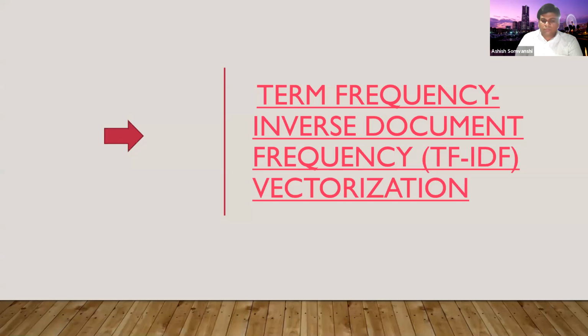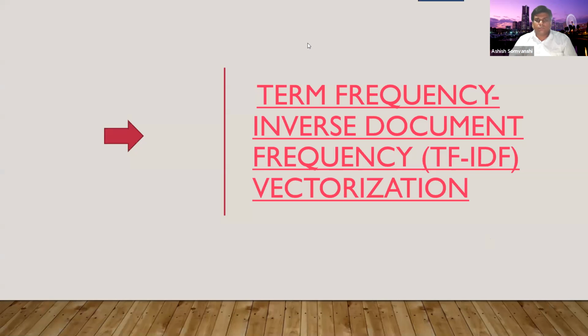As the name itself suggests, it takes the term frequency and relates it to the IDF. We'll see what IDF is and how it relates to term frequency, and why that hyphen is there in the middle of the term TF-IDF.